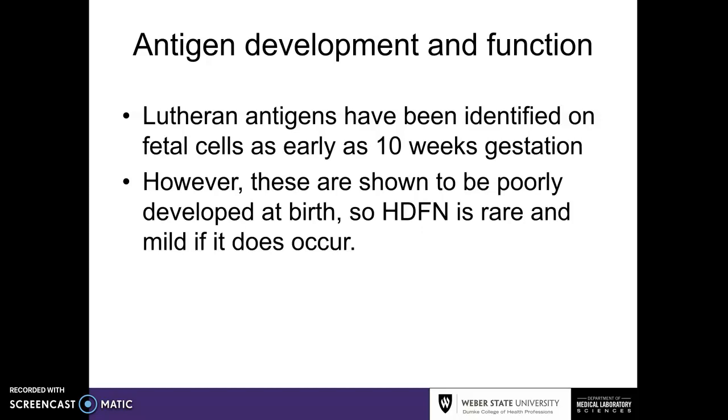The placenta is one of those tissue types where the Lutheran antigens are, so any Lutheran antibodies coming through from the mother to the fetus would be taken up by those antigens. So it doesn't stand a high chance of getting through that antigen shield or netting, so to say.